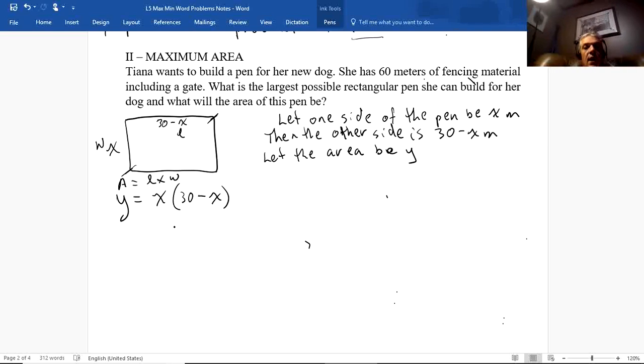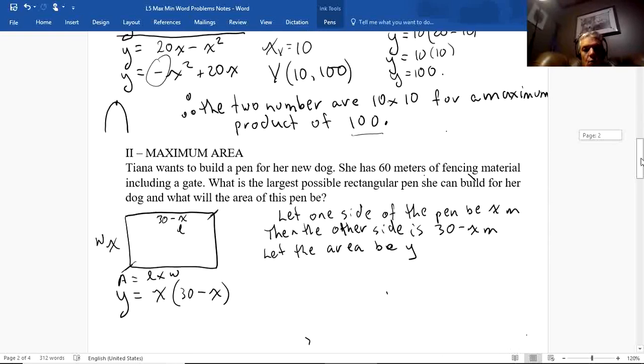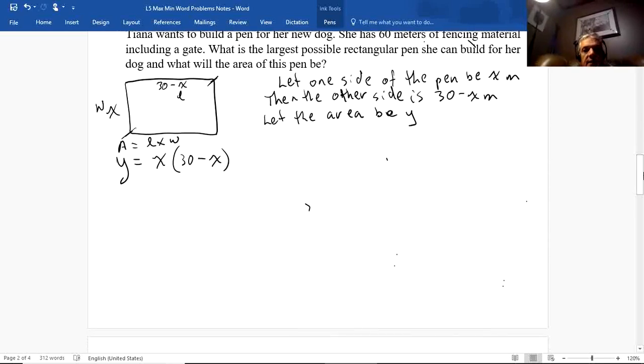And once again, we have an equation that looks a lot like the equation up above, right? Where we had x and 20 minus x. This time it's 30 minus x. So we're in that very, very similar territory, I say to kids, right? It's not that unusual.